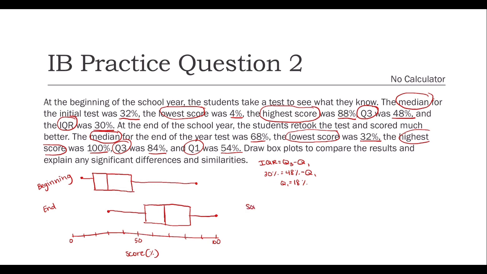So some differences are, so our median is obviously higher at the end of the year than the beginning of the year. So some differences are the median, it increased.